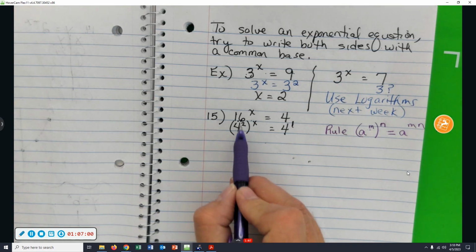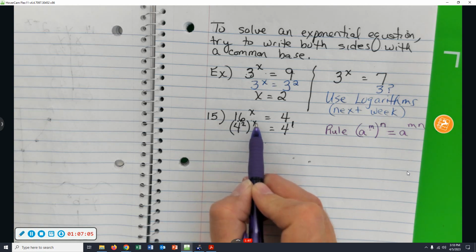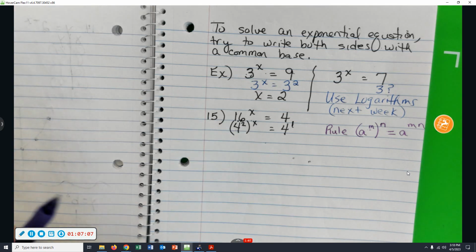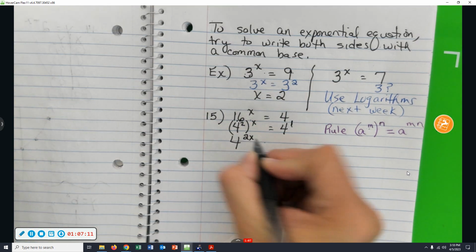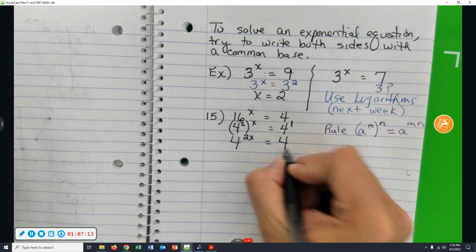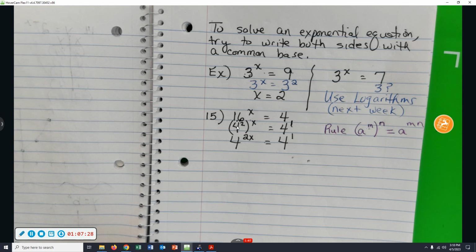So like right here where I rewrote the 16 as 4 squared, 4 squared to the x, we would write that as just 4 to the 2x equals 4 to the first. This power rule of exponents is important, and we'll be using it quite a bit. Power raised to a power, you multiply to write it as a single exponent. 2 times x became 2x.